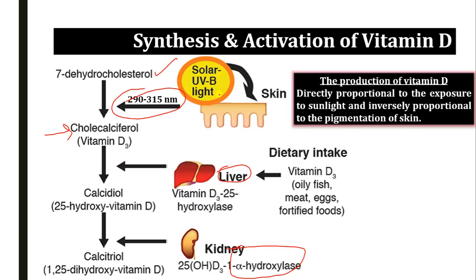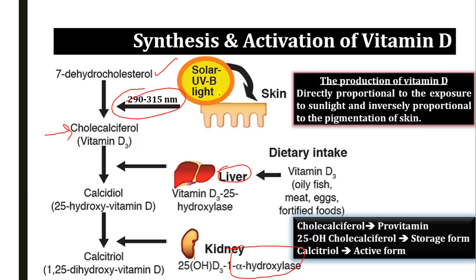The production of vitamin D is directly proportional to the exposure to sunlight and inversely proportional to the pigmentation of skin. So those who have highly pigmented or dark skin produce a small amount of vitamin D. So the cholecalciferol synthesized in the skin, or what we take in the diet, is a provitamin, an inactive form.